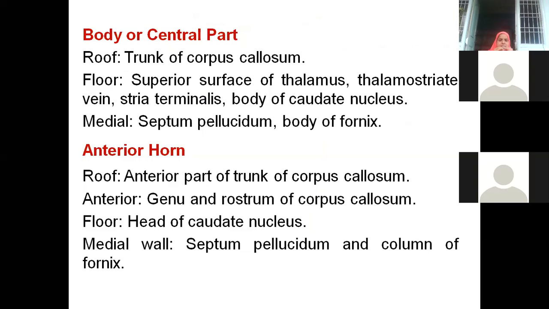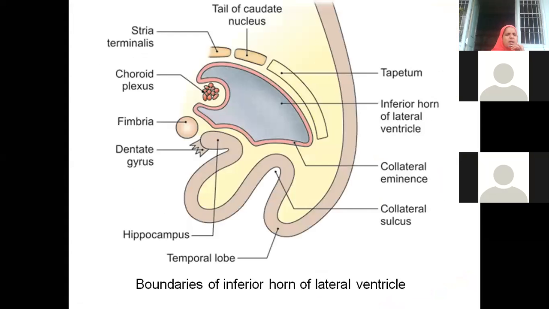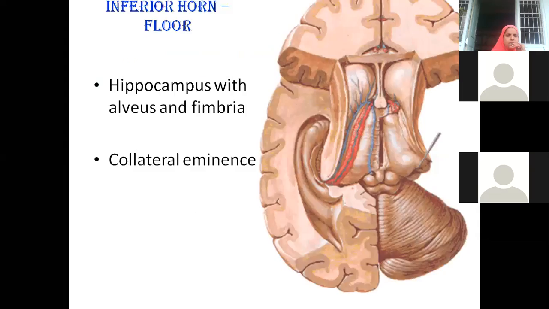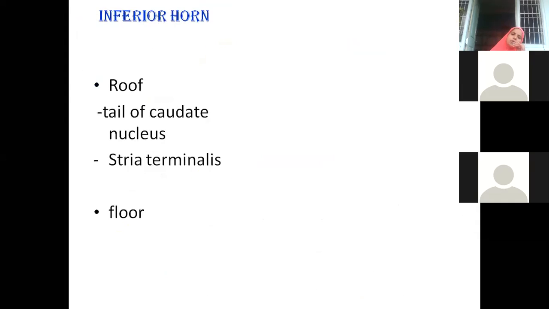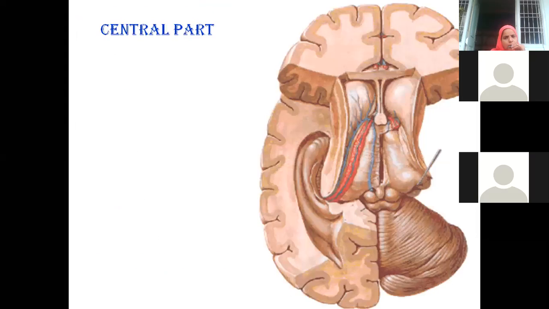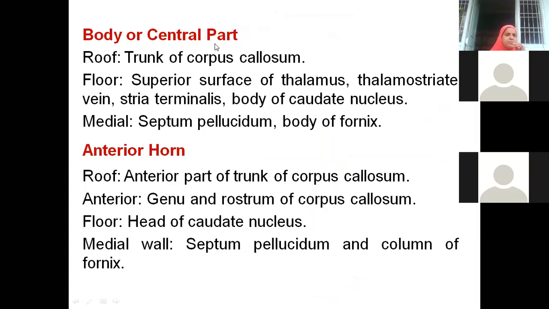Fornix is a part of the limbic system. I kept one picture for fornix. Okay, so where we were, I was talking about the relations of the central part.